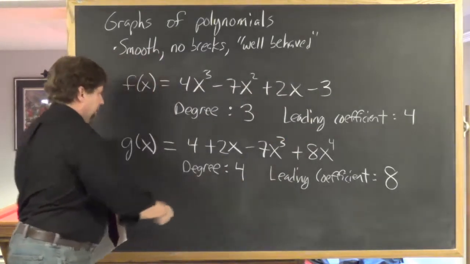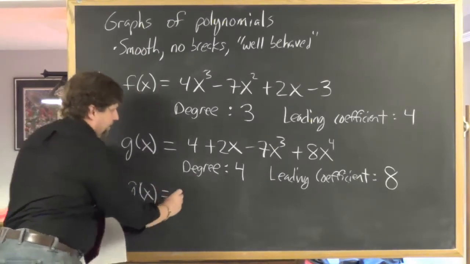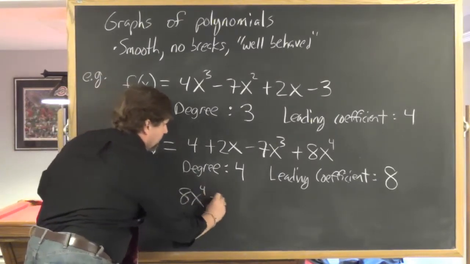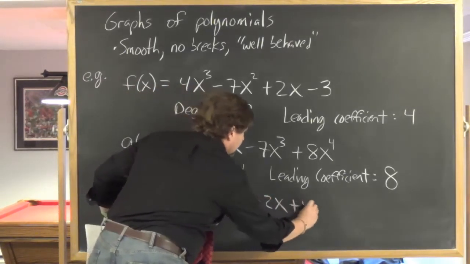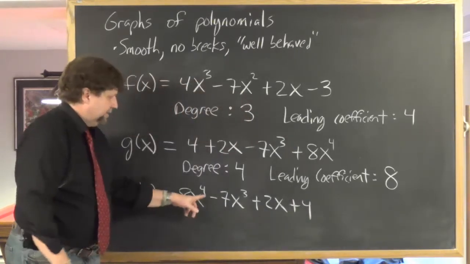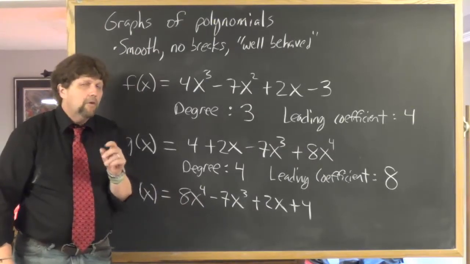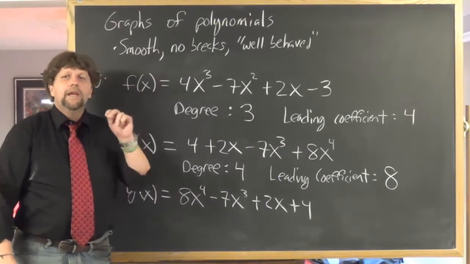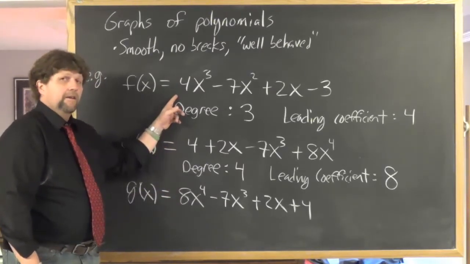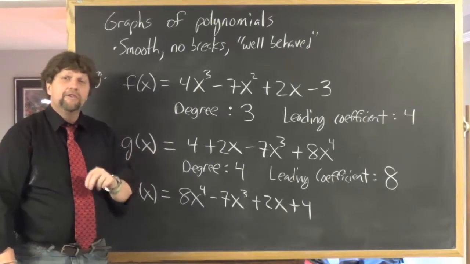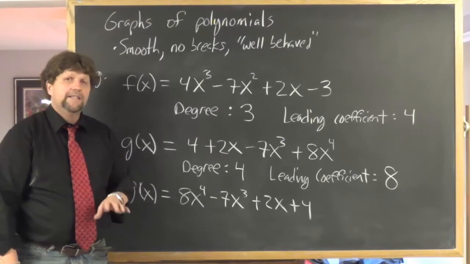If I rewrite this polynomial in descending order, I would have 8x to the fourth minus 7x cubed plus 2x plus 4. The degree is still 4, the leading coefficient is still 8, but I just wanted to point one quick little thing out to you. If your polynomial is written in descending order, the leading coefficient will be the first coefficient that you see. That's only true if your polynomial is written in descending order.